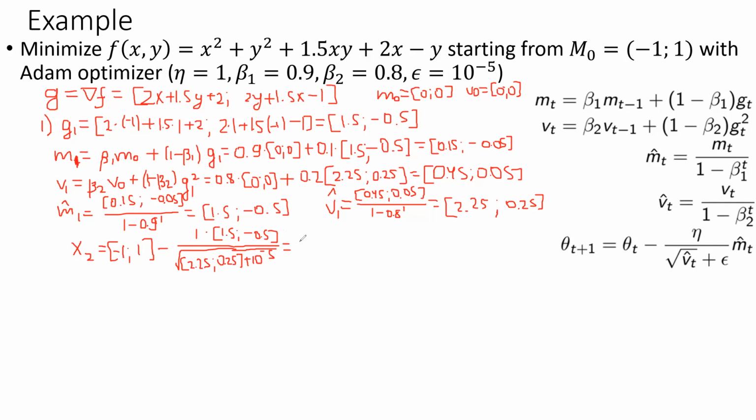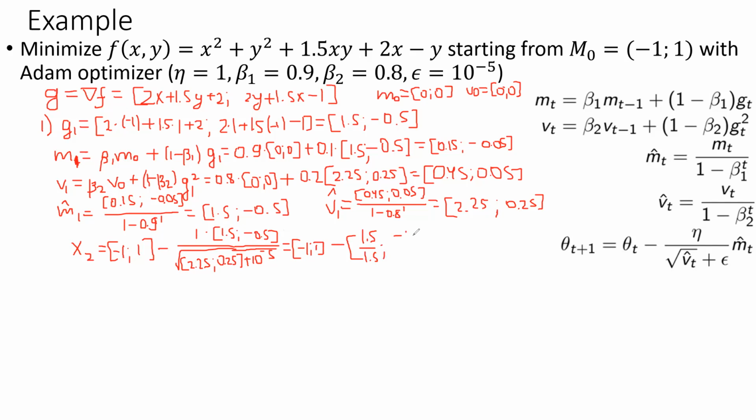So I will have -1, 1, minus a vector. The square root of 2.25 will be 1.5. 1.5 divided by 1.5 is the first component.